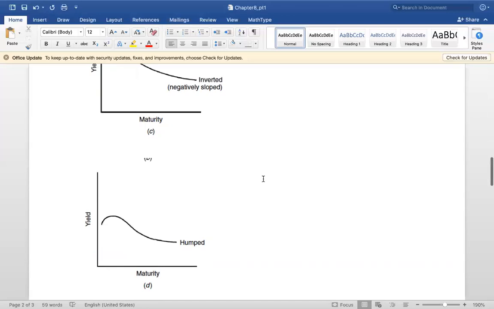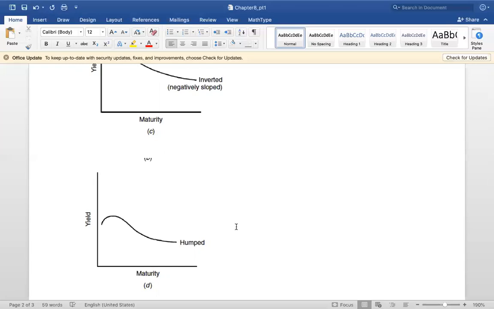In a humped yield curve, yields increase with maturity for a range of maturities, and then the yield curve becomes inverted. So you can see it's increasing for different maturities, and then it becomes inverted. So these are the four types of yield curve.